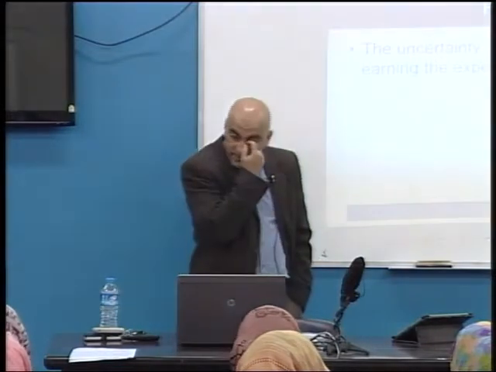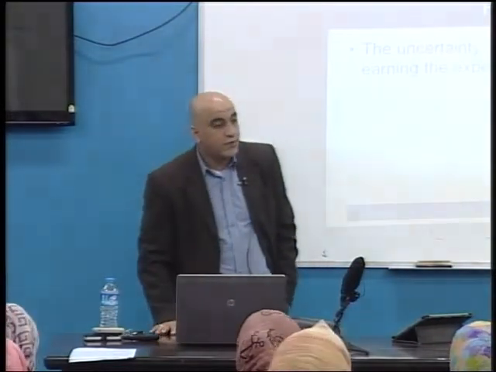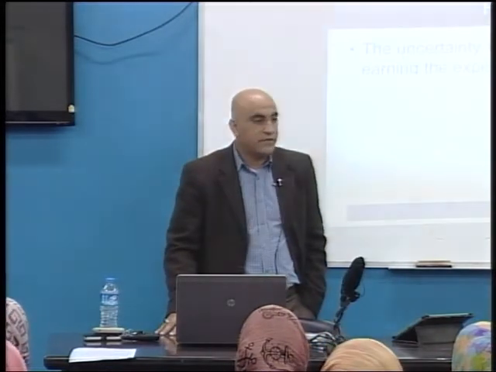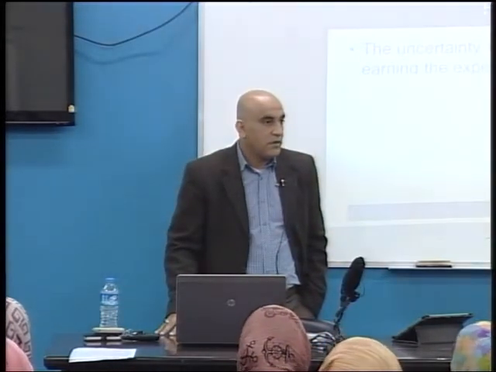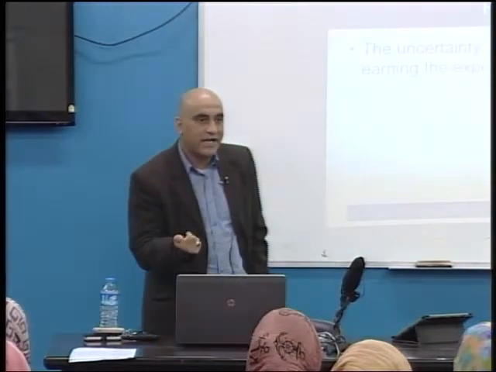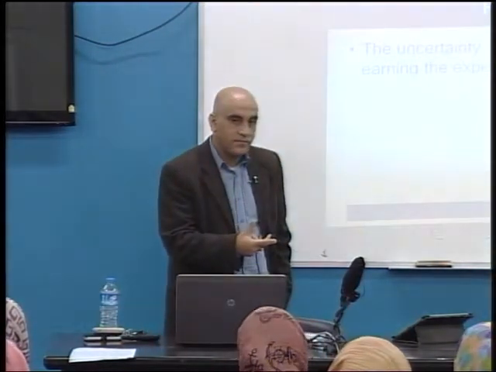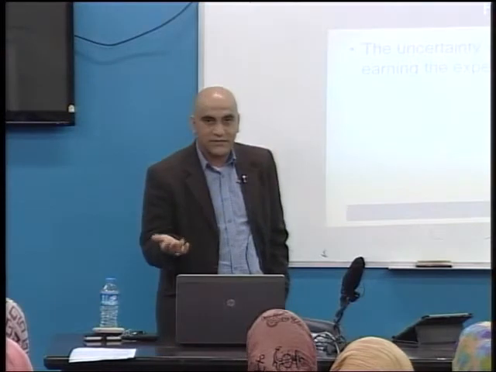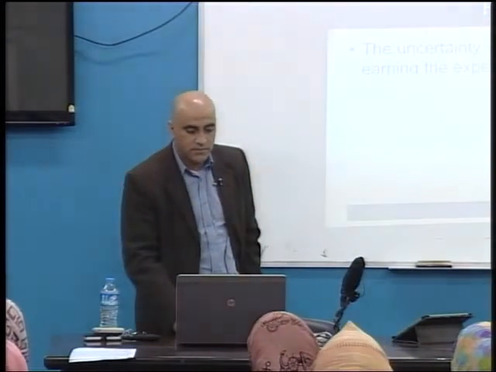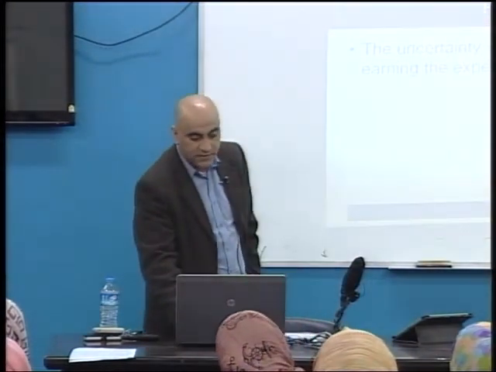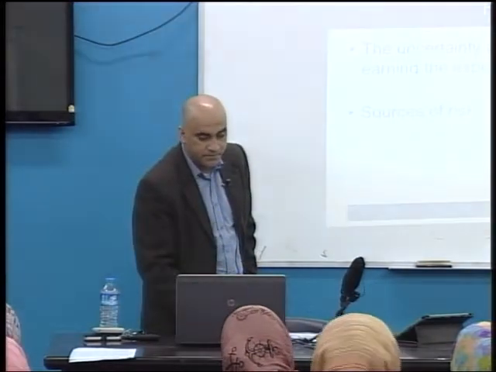We introduced the return, now the risk. The risk is the uncertainty associated with earning the expected return. It is the uncertainty of having both the income return and the capital gains. Okay? Because we are not certain of having this particular return or particular flow of income.